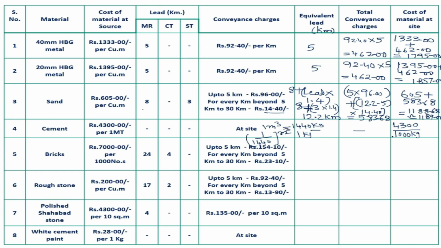So substitute this here, 4,300 rupees divided by 1000 into 1 kg is equal to 1 divided by 1440, which is equal to 6,192 rupees per cubic meter.